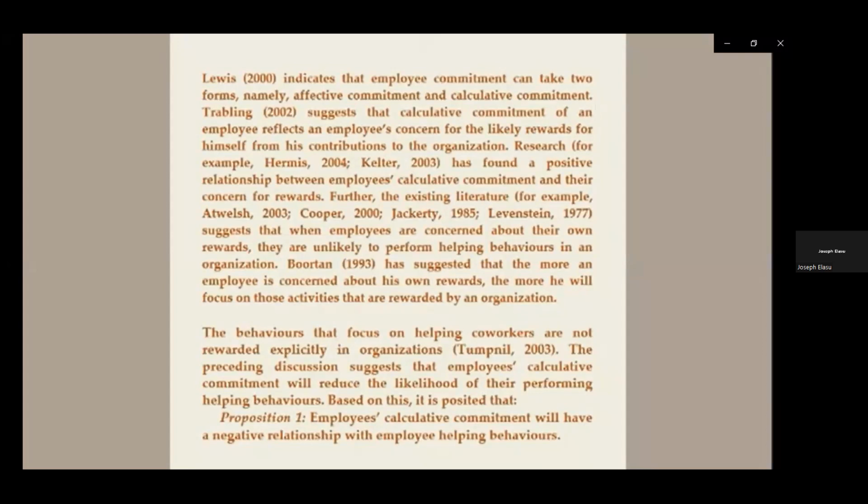So this is an example. Look at the screen, where you can see text that has been reproduced. Let's read together.